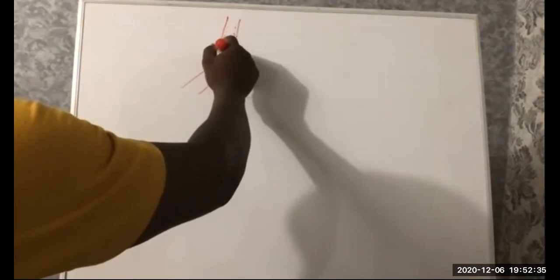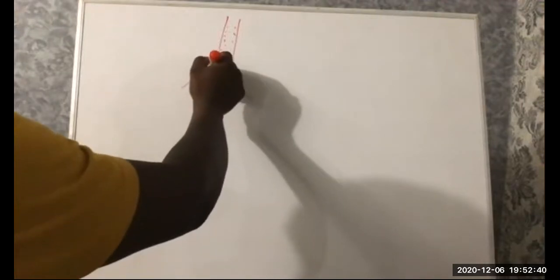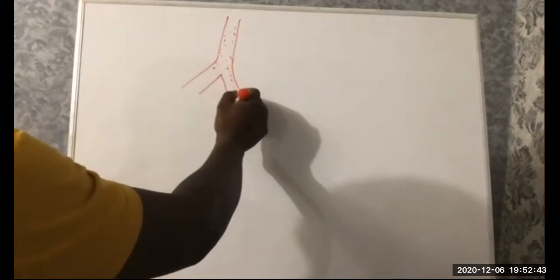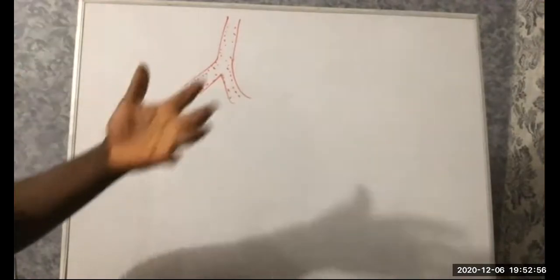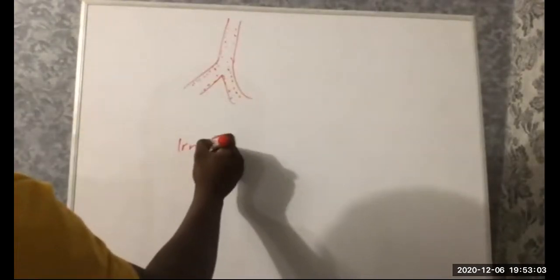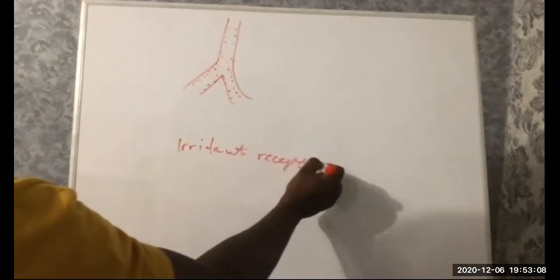It is within this trachea that we find receptors in the posterior wall, which are for irritants, okay? So when you inhale some fumes or maybe some strong scent, they stimulate the irritant receptors. Like I said, they are found on the trachea.